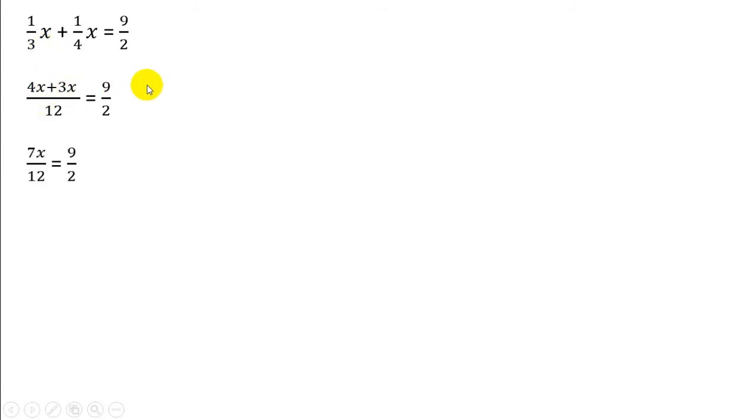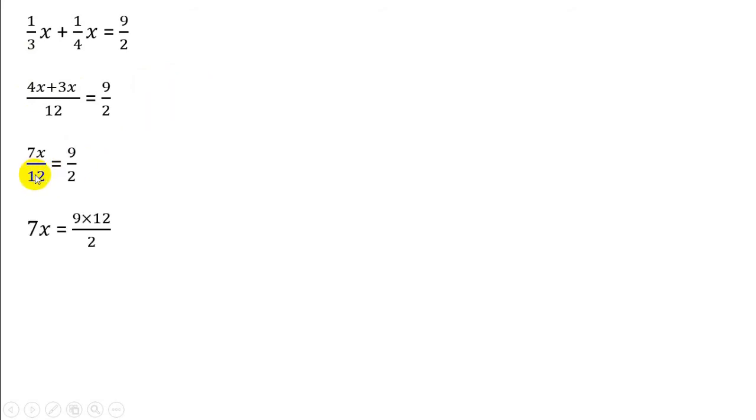So my remaining terms are 1 over 3x plus 1 over 4x equals 9 over 2. Now here we can find the LCM. Again the same thing we are doing. So LCM is 12. When you simplify you get 7x over 12 equals 9 over 2.